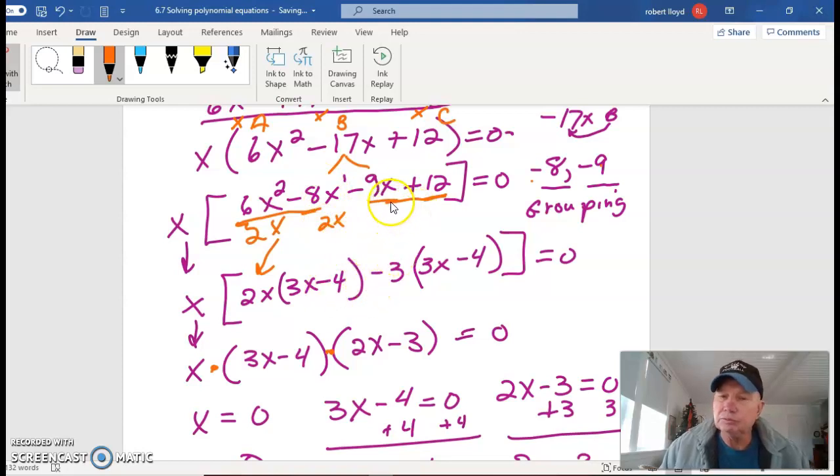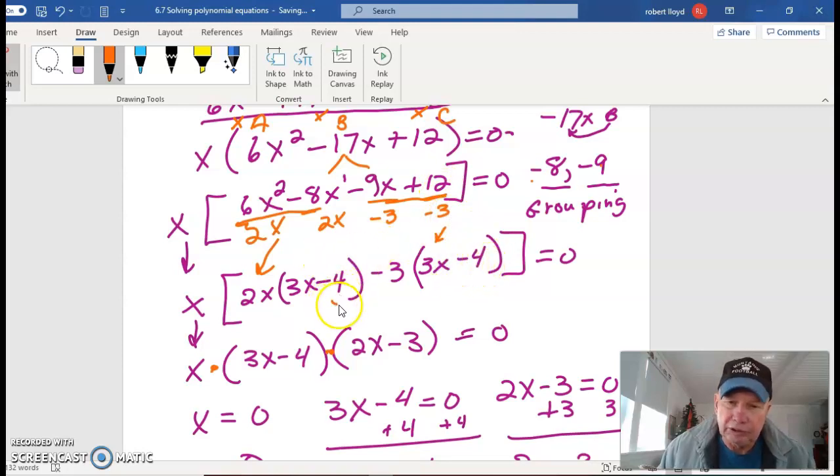So here, we can take a 3 out, but we want to take a negative out, meaning divide by a negative, so that our lead term in the parentheses will be positive. So when we take a negative 3 and divide it into negative 9, we get 3x. Take the 12 and divide by negative 3, and we get negative 4.